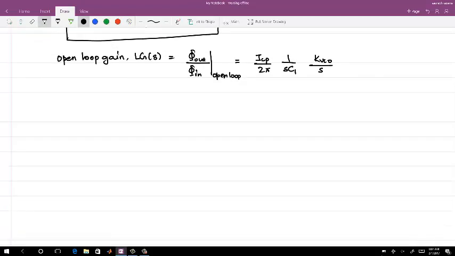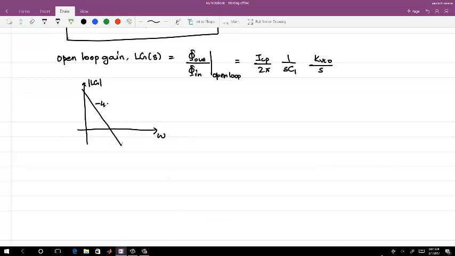If I plot the Bode plot for this PLL, which is the magnitude of open loop gain with respect to omega, this is minus 40 dB per decade, right?